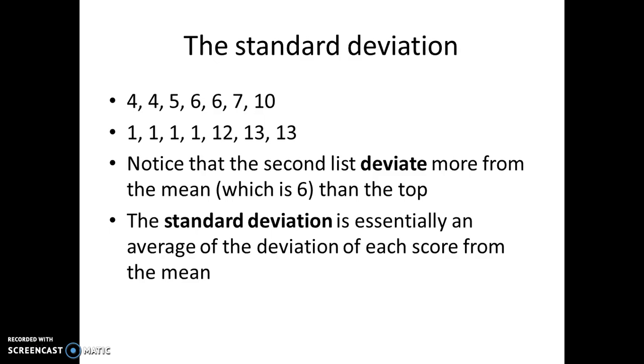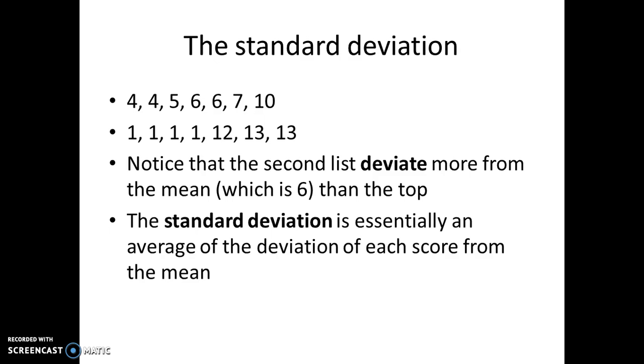Now, what we'd really like to be able to do is to find the mean of this top bunch of numbers, which I think we know is 6, and look at how each of the other scores deviates from 6. So we can look at the first one, which is 4, and we say, well, that's minus 2, because it's 2 below the mean. The next one is minus 2 again, because it's 4, again 2 below the mean. The next one is minus 1.